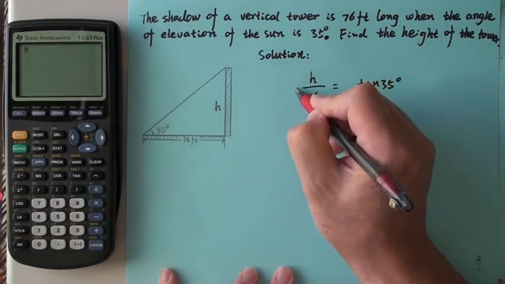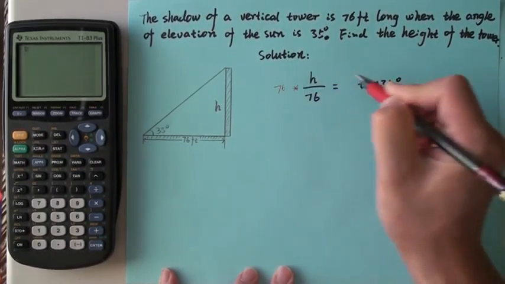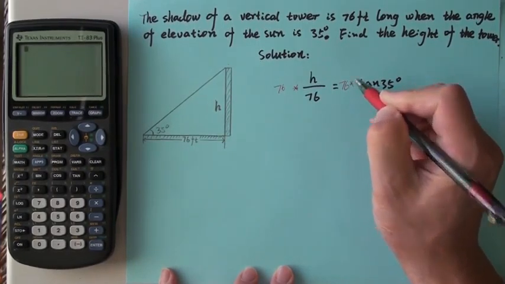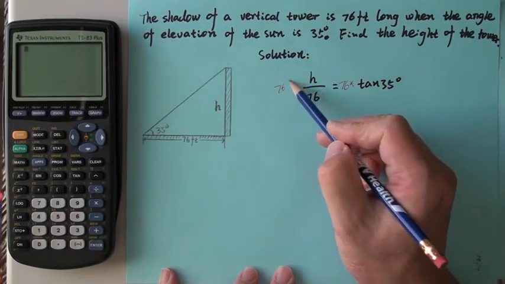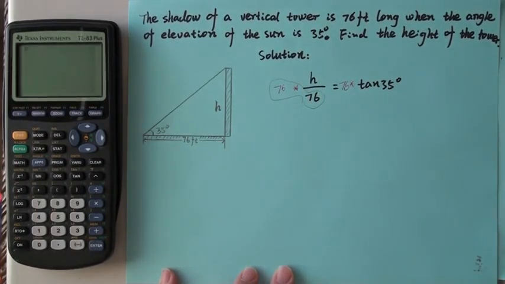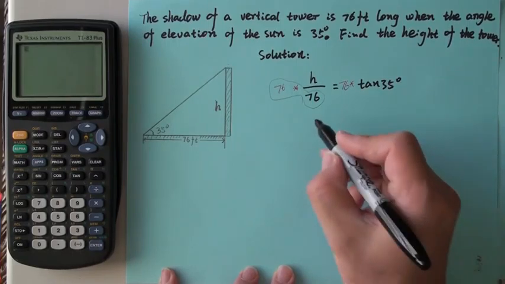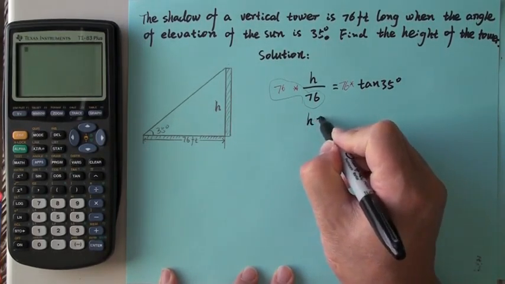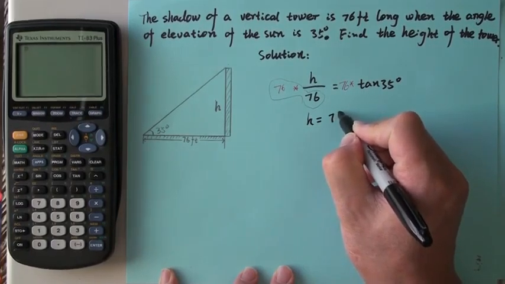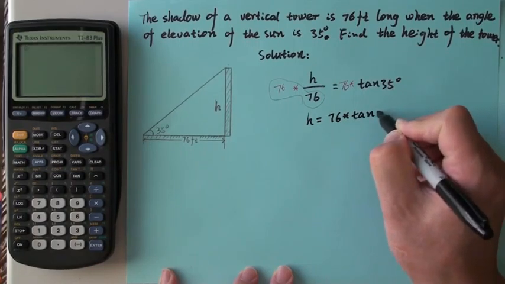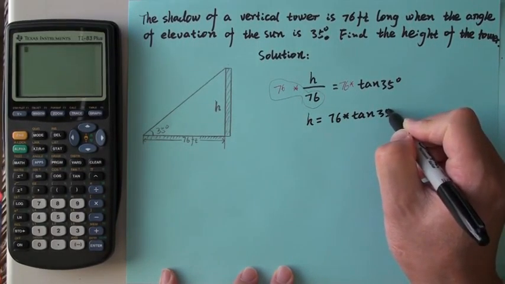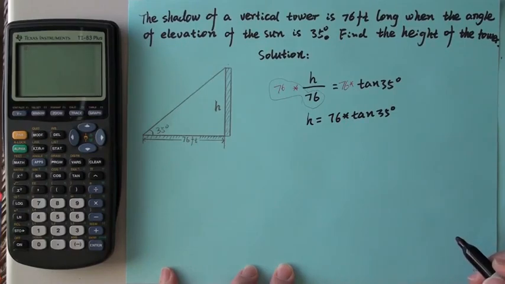Then both sides multiplied by 76. You may then cancel 76 with this 76. And on the left hand side we will have h, which is height. And the right hand side we will then have 76 times tan 35 degrees. Okay. So then what is the value for this?